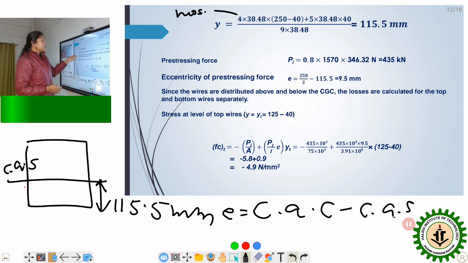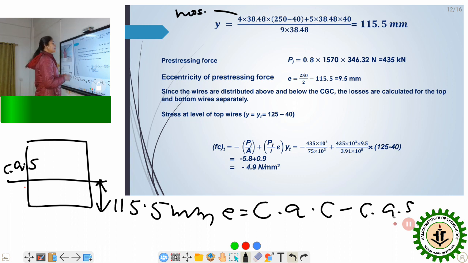Now since the wires are distributed above and below the CGC, the losses are calculated for the top and the bottom wires separately. We have 4 wires at the top and 5 wires at the bottom. So we will be calculating the losses in the pre-stress in the concrete section separately for the top layer and for the bottom layer.